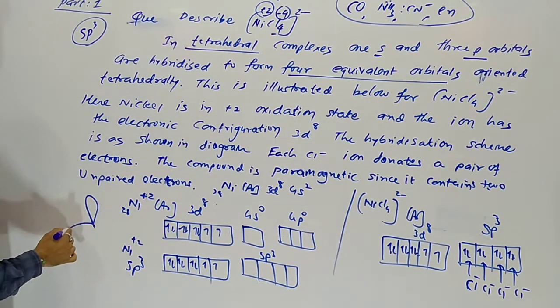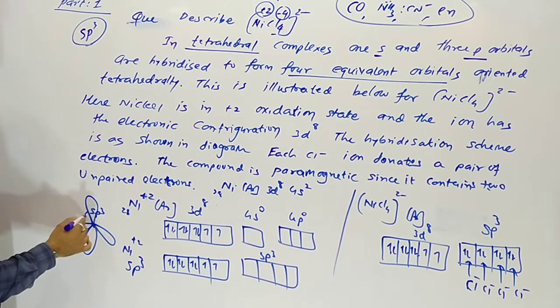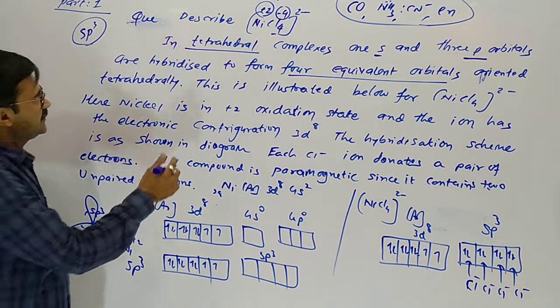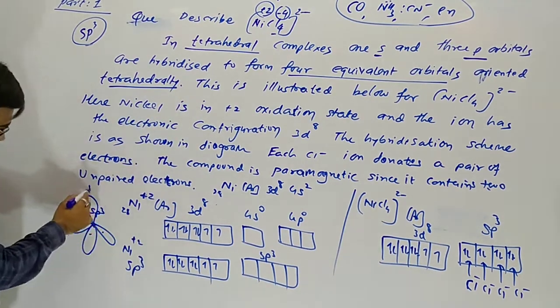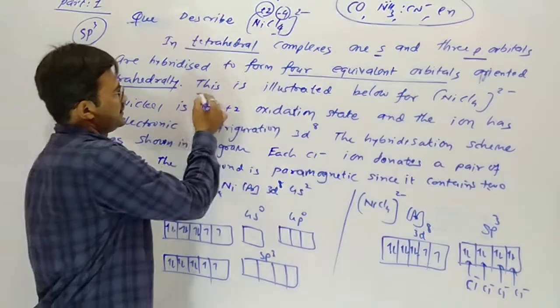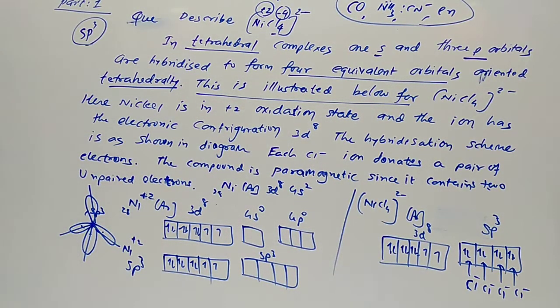The 4 equivalent orbitals are all called sp3 and are located tetrahedrally. This is illustrated below for [NiCl4]2-.